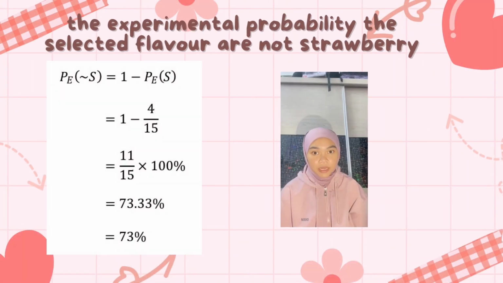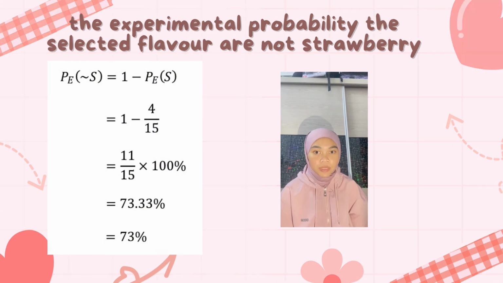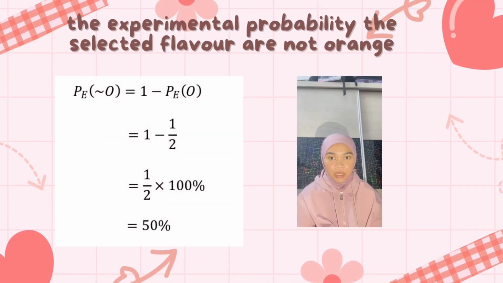For strawberry, it is 11/15, which is 73%. It means 73% of students did not draw a strawberry sweet. Lastly, for orange, it is 1/2, which is 50%. It means 50% of students did not draw an orange sweet.